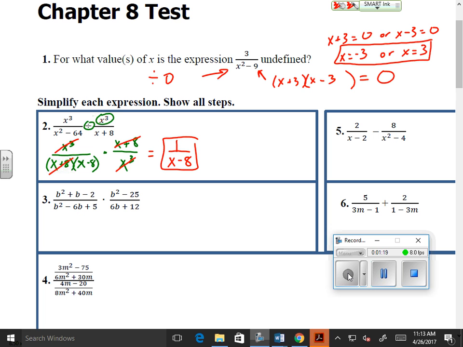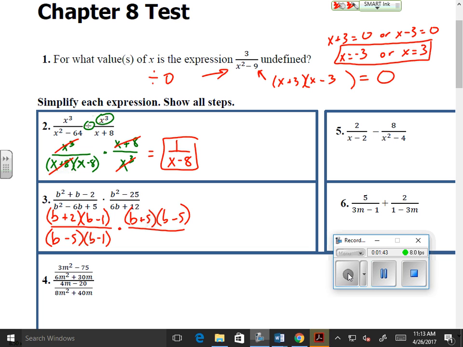Number 3, this is multiplication, so you don't have to flip it, but we need to factor everything. Top factors into b plus 2 times b minus 1. The bottom factors into b minus 5 times b minus 1. The second fraction, the top factors into b plus 5, b minus 5.